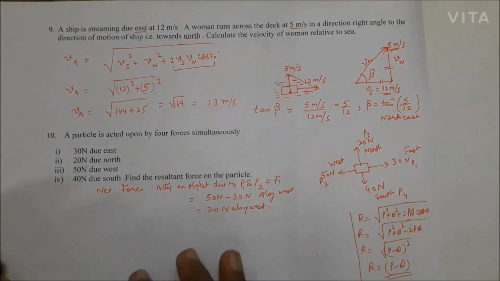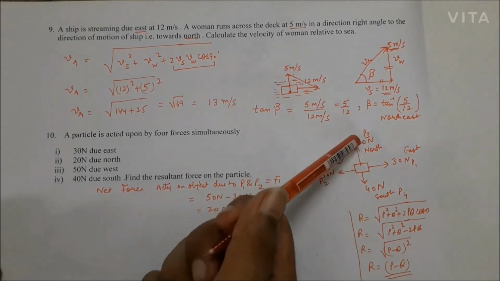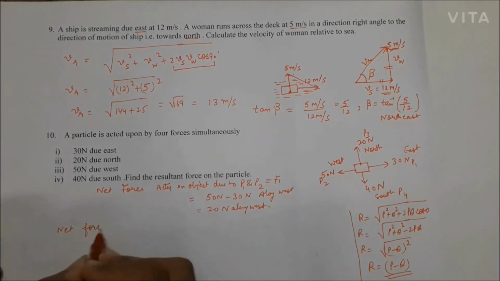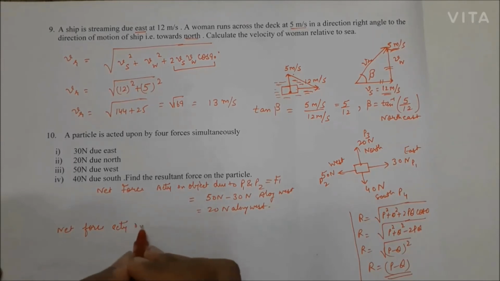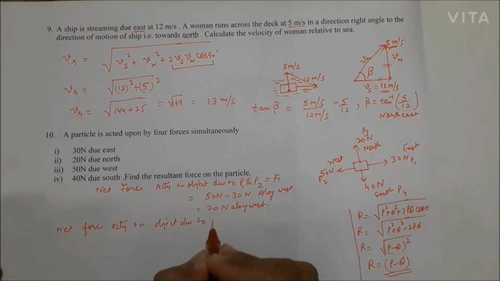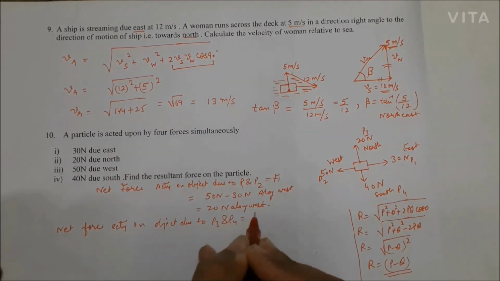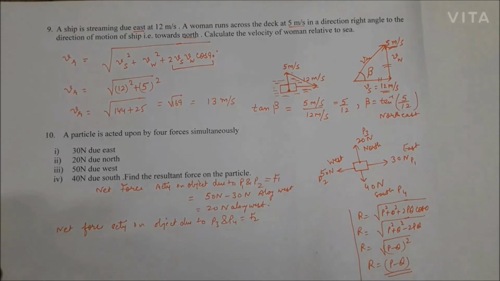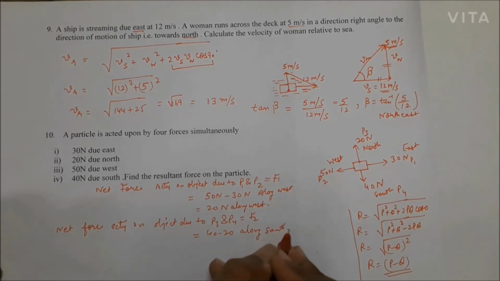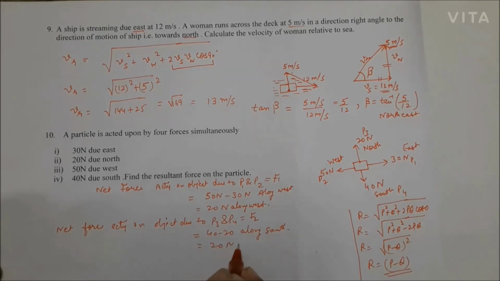Now the thing comes out about north and south, forces acting on north and south. Net force acting on object due to P3 and P4, I name it as F2. So what it comes out to be? It comes out to be 40 minus 20, 20 Newtons along south.